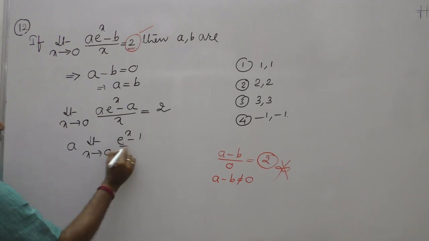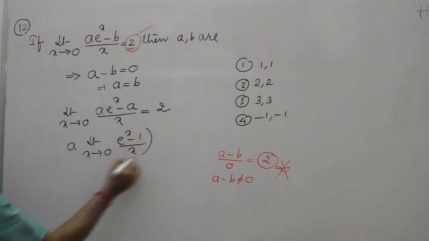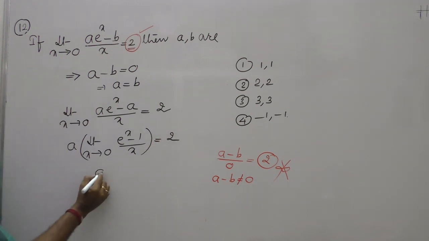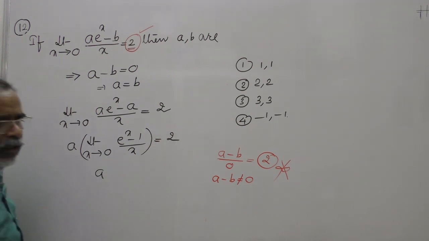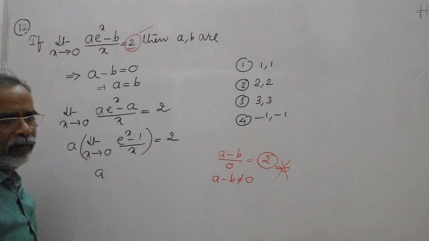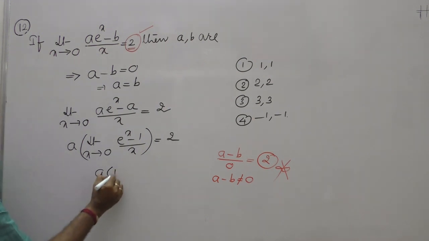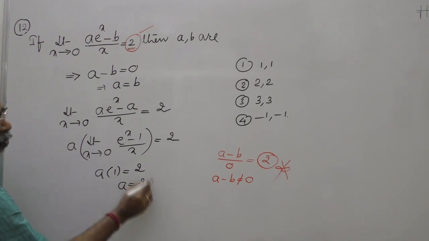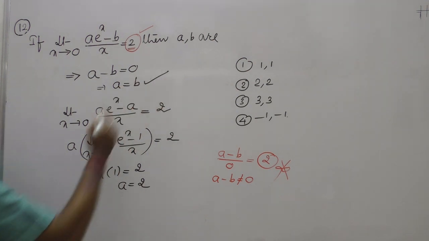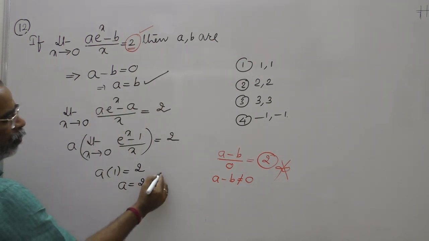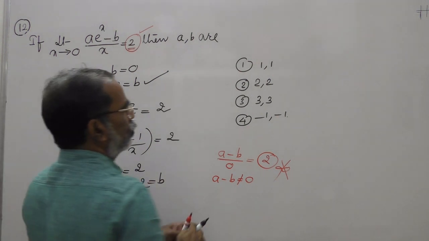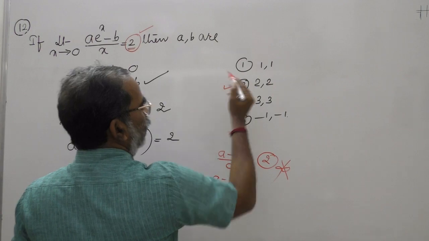We will have now e power x minus 1 by x. So what is this? It is a standard limit. Limit x tends to 0, e power x minus 1 by x is 1. Therefore, what is a value? A value is 2. Also a equal to b. Therefore, b is also 2. Therefore, a, b values are 2, 2. Second option.